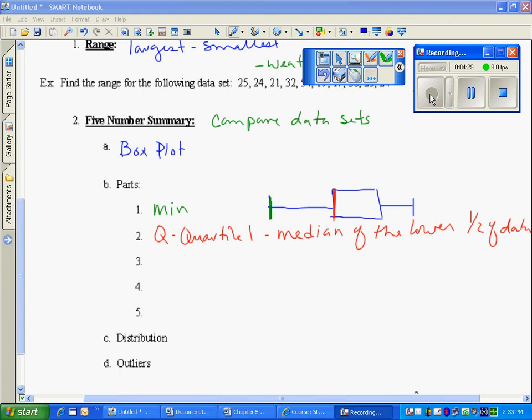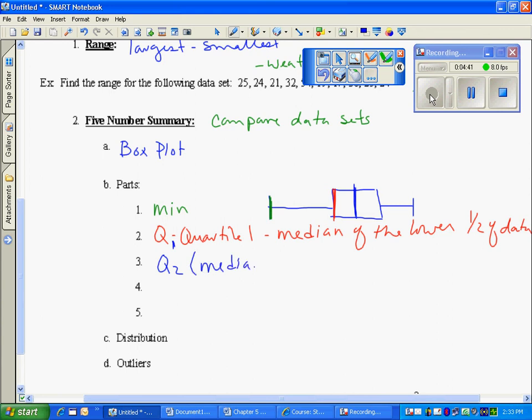The third value is the one that really sits in here, which is drawn in that box. We could call it Q2. Recall the first one was called Q1. Q2 would really just be the median. And so that's what we refer to it as. And that is obviously the middle.